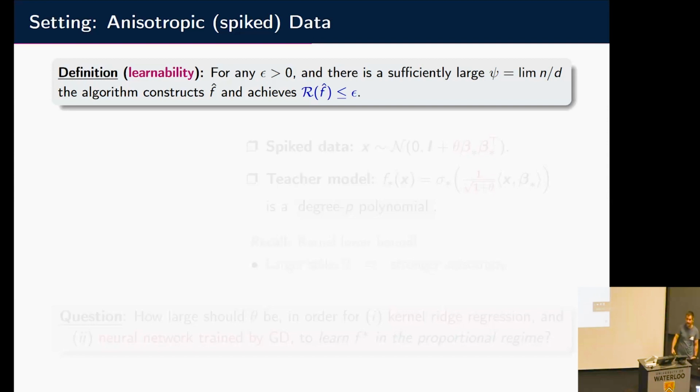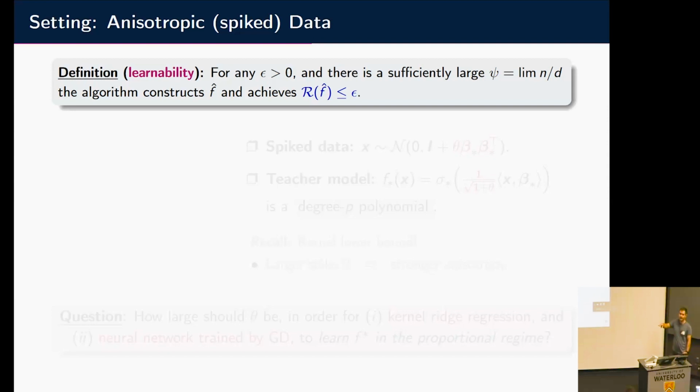Yes, here it's with probability 1, but it's in the limit. Yes, in the limit, exactly. So rather than convergence in probability, this is convergence with probability 1.